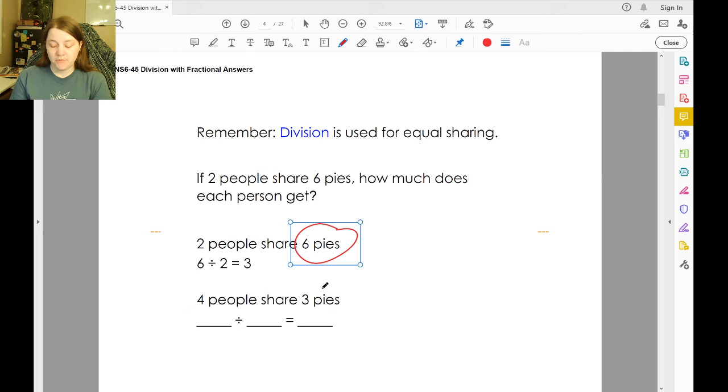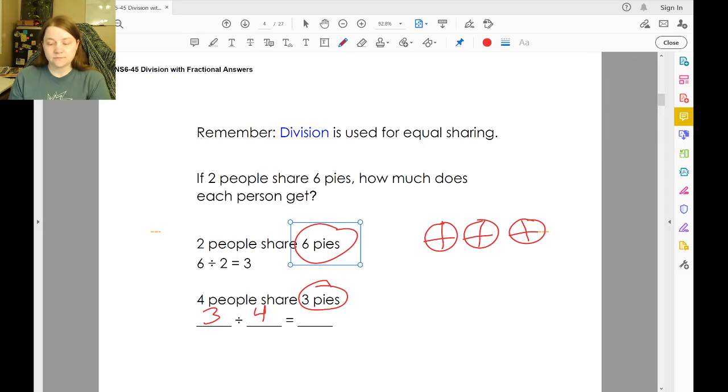So in this problem, it would be 3 pies divided up by 4 people. 3 pies divided by 4 people, well, let's take a look at that. 1, 2, 3 pies split into fourths. Each person would get 1/4 of each pie.